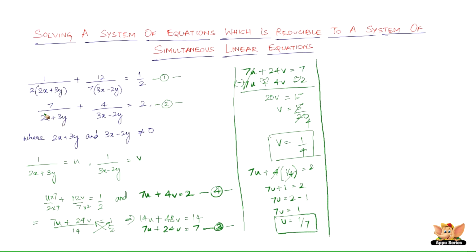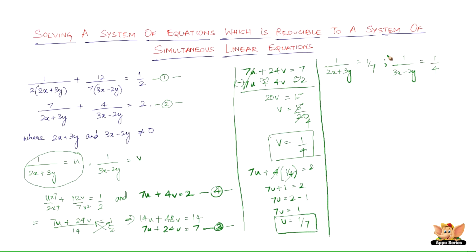Now let us choose one of these. We've equated 1 by 2x plus 3y to u, and 1 by 3x minus 2y to v. So we take 1 by 2x plus 3y equals u, which is 1 by 7, and 1 by 3x minus 2y equals v, which is 1 by 4.